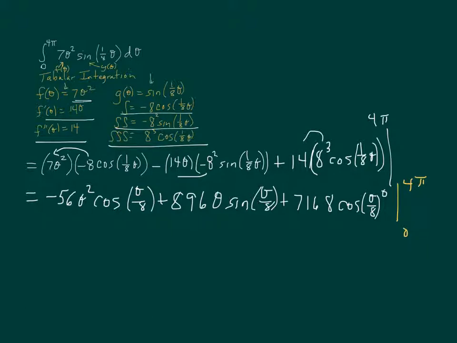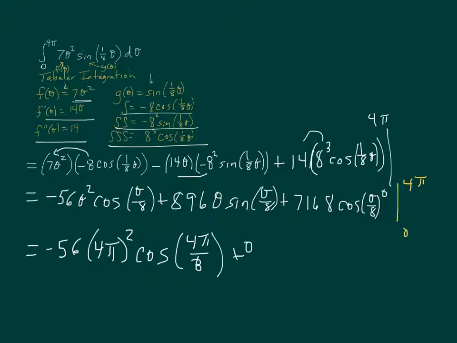So now I just start plugging things in, meaning everywhere that I see a theta, I'm going to plug in my 4 pi, so 56 times 4 pi squared cosine 4 pi over 8 plus 896 times 4 pi sine of 4 pi over 8.